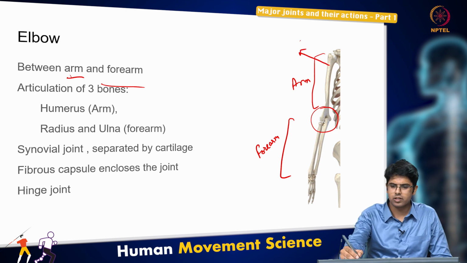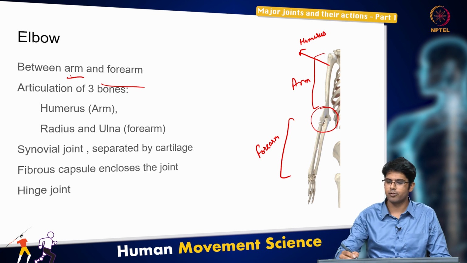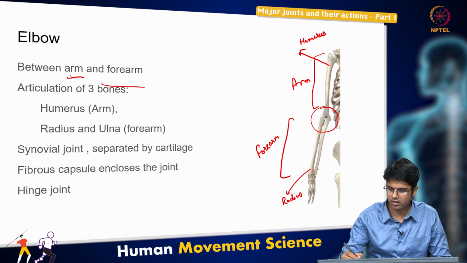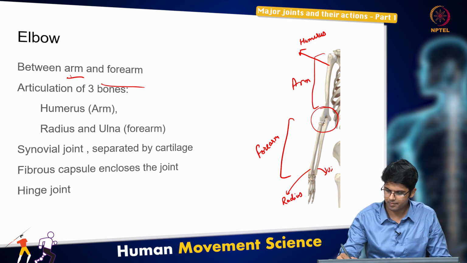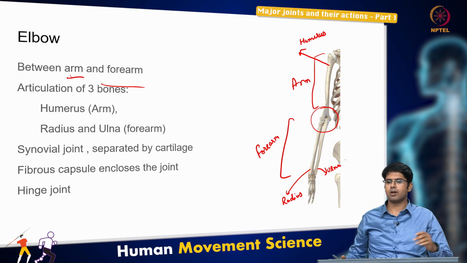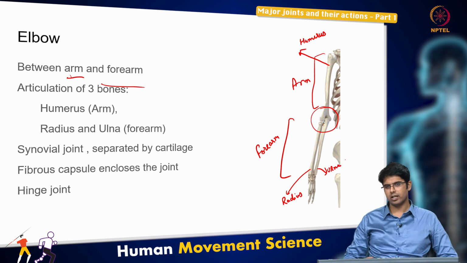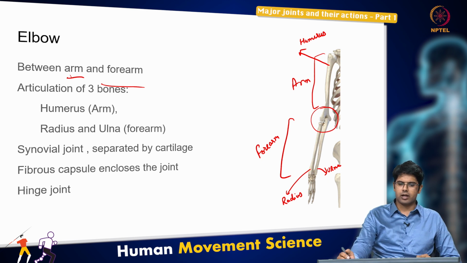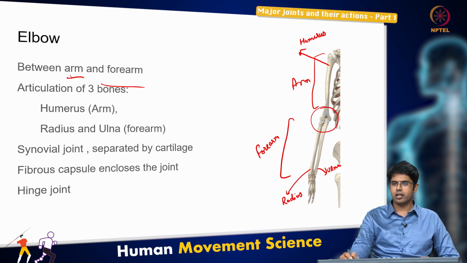So this is the humerus bone, very funny, and this is the radius and ulna. And this you have already studied in the skeletal system. Again, this is a synovial joint, and it is separated by a cartilage layer.